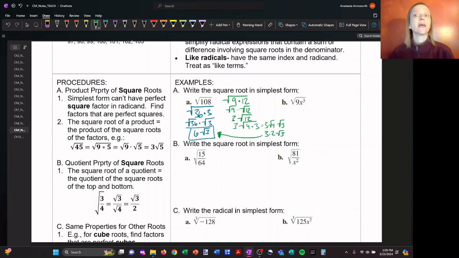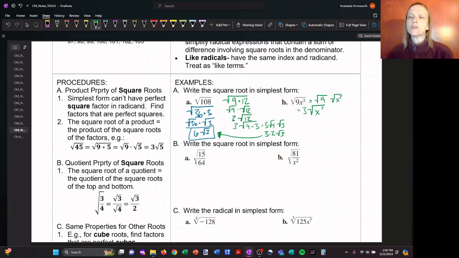It's important to realize that variables raised to an exponent can also be simplified. If I take this and split it into the square root of 9 times the square root of x cubed, students quite often spot the square root of 9 is 3. But then they don't necessarily know what to do with the square root of x cubed.